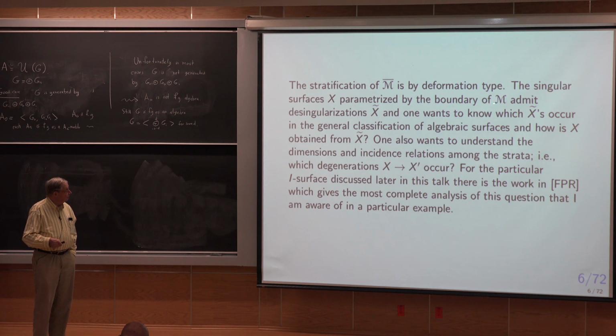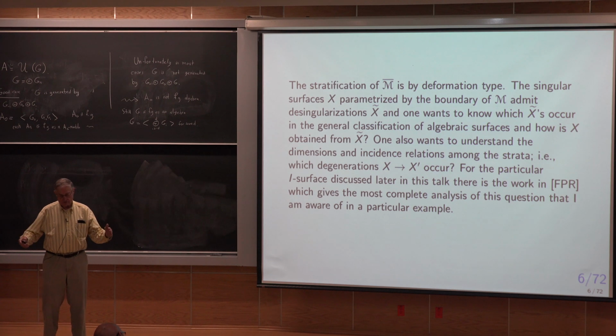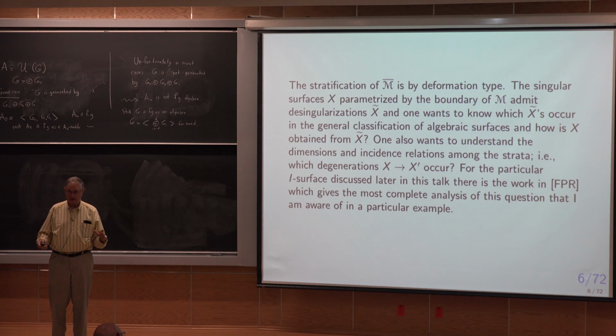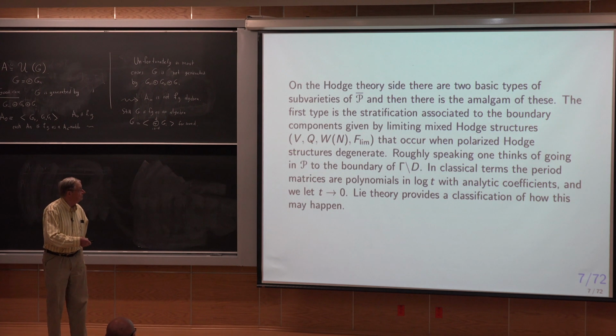So one wants to know what surfaces occur on the boundary, what are their desingularizations, just how do they fit together? What is the global picture of the moduli space of a given type of algebraic surface?